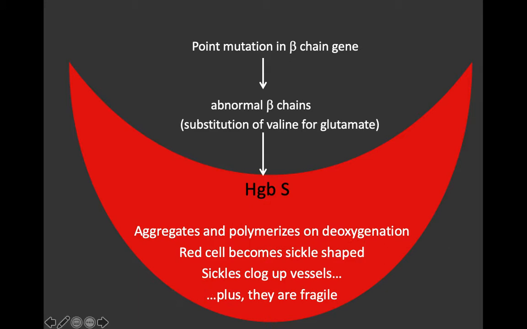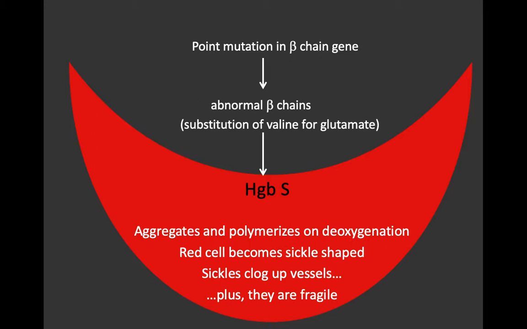The problem is also that you can't pick up oxygen as well. So the person's blood has lower oxygen levels, but the red blood cells become that sickled shape, which gives them their increased fragility and increased ability to get stuck in blood vessels, because this pointy end can stick into the walls of the blood vessels, they can stick into each other, and then you get clogs.